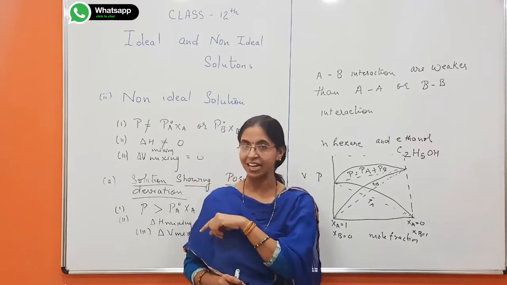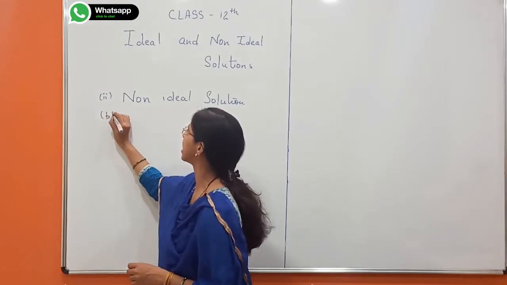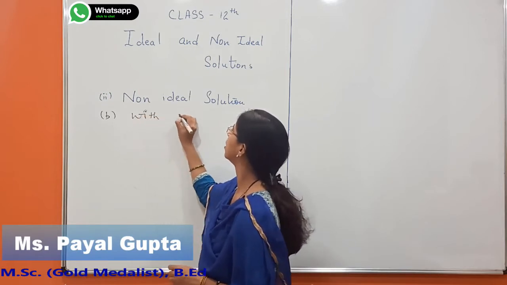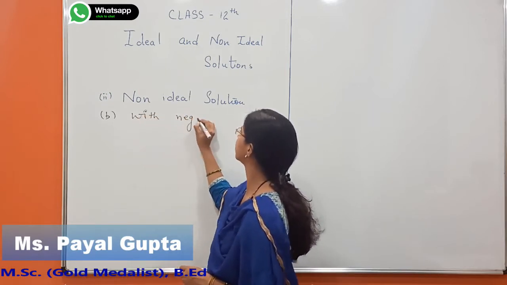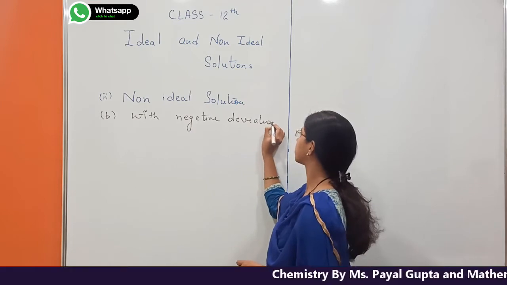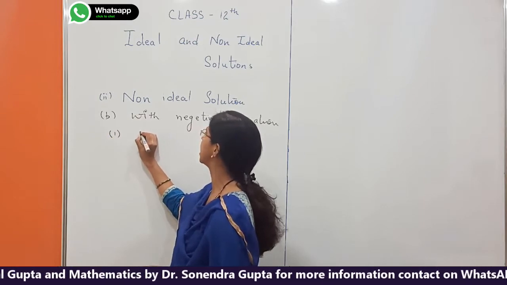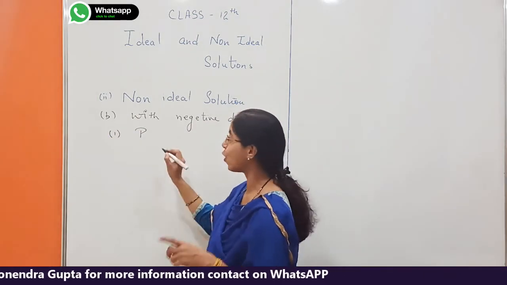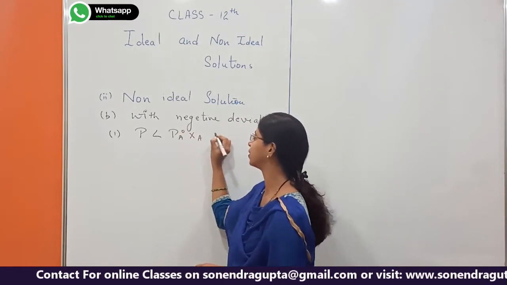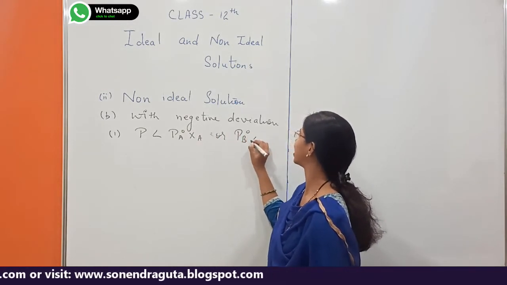Now we will look at the second type, non-ideal solution with the negative deviation. Again you will follow the three conditions here. That is, P is always less than the Raoult's law condition, or P equals PA naught XA plus PB naught XB.